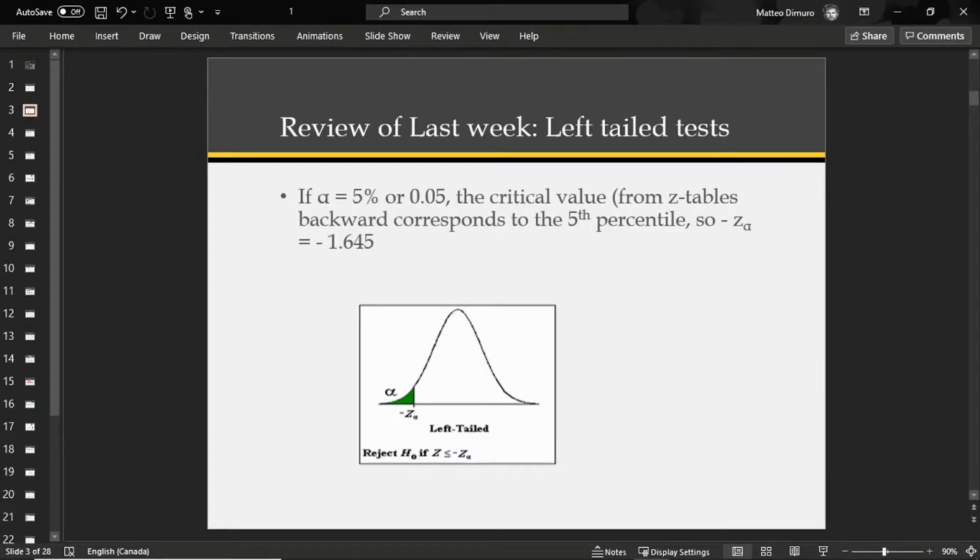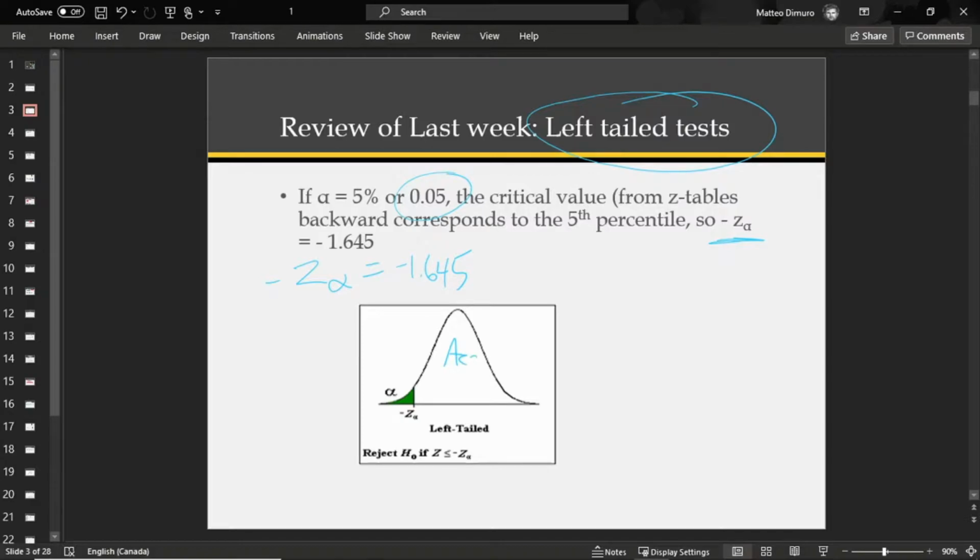If alpha equals 5% or 0.05, the critical value from the Z tables, looking backwards, corresponds to the 5th percentile. So for a left-tail test, we're going to be looking at negative Z alpha. If you look that up on your Z table, reverse looking it up, so looking for 0.05, you are going to get a Z alpha of negative 1.645.